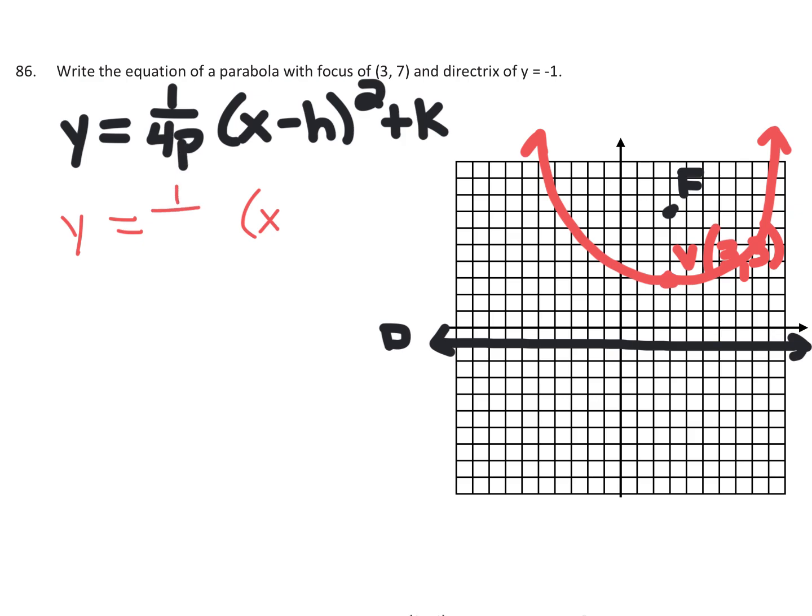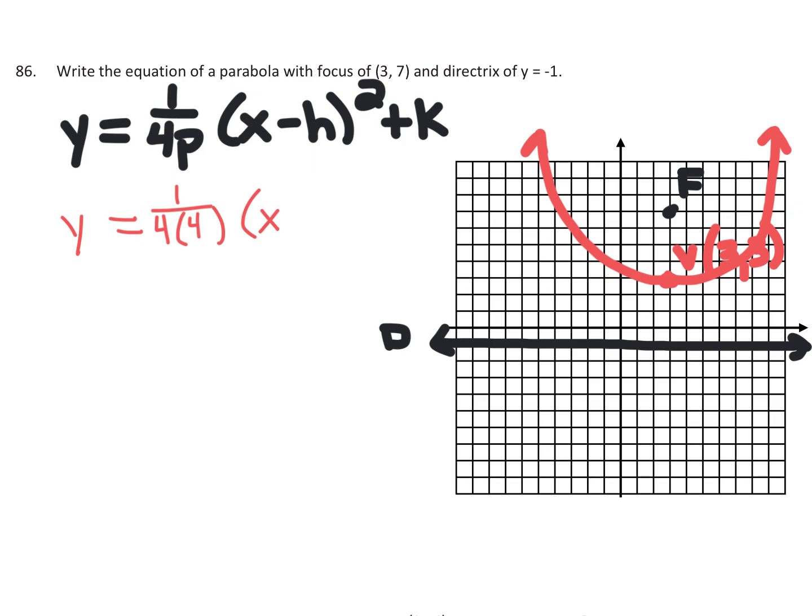So 1 over 4 times, well, if you remember, isn't p the distance between the focus and the vertex? Or it's also the distance between the vertex and the directrix. So we know that to be 1, 2, 3, 4 units. Okay, same thing here. 1, 2, 3, 4 units. So I'm going to replace that p with a 4.